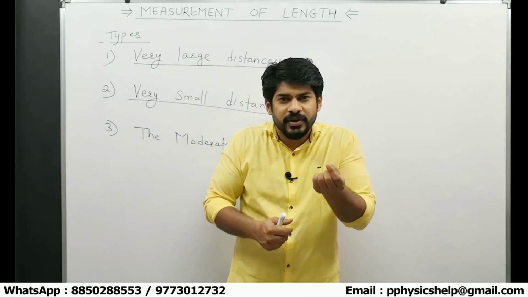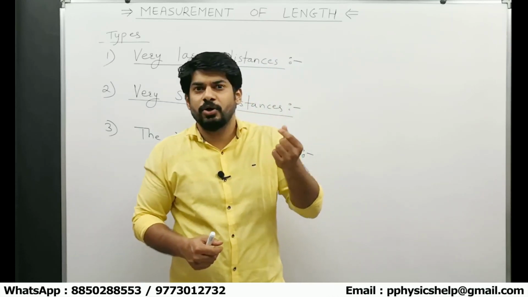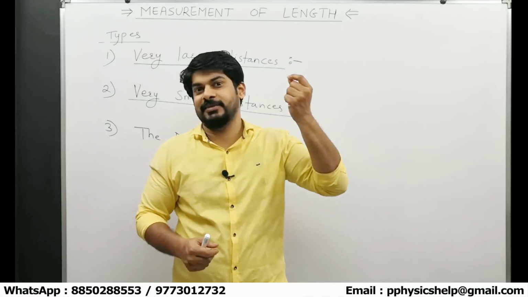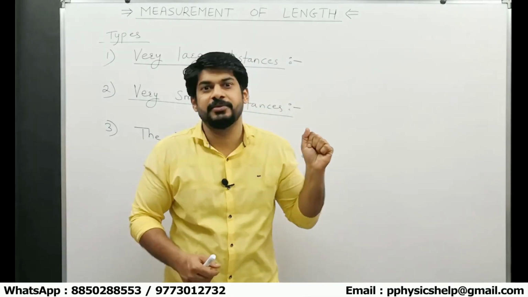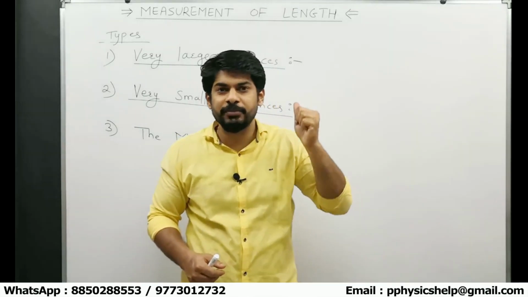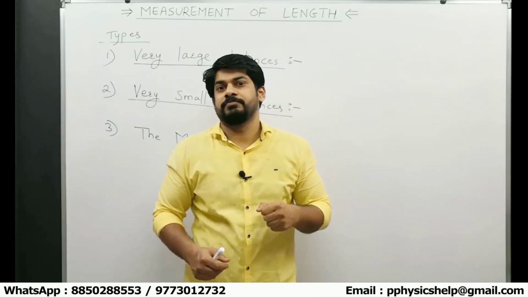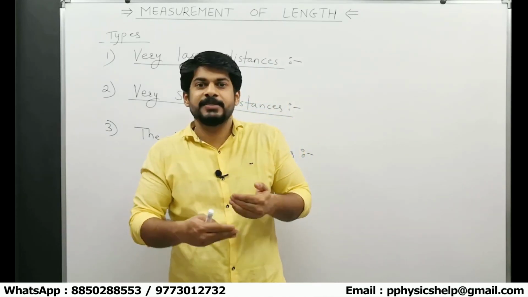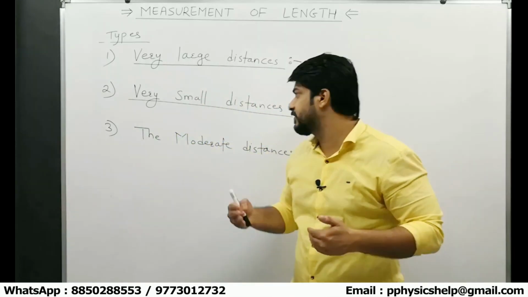Because it is very, very thin. Imagine the size or the diameter of your hair, a single hair that you can take. It's very thin. You cannot actually find out its diameter. So it's very, very small, isn't it? Such sizes can be considered very small distances.